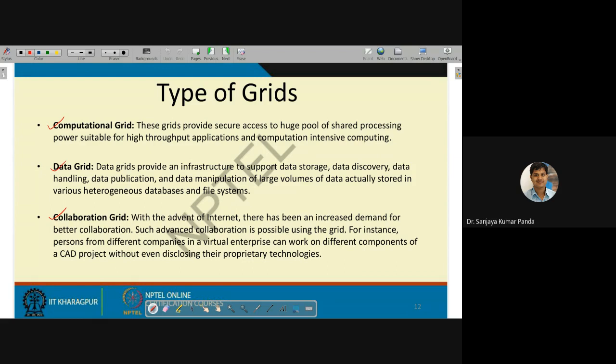If two or more organizations decide to share a large volume of data or a large amount of computational power, then they can build a collaboration grid. In future, when resource scarcity happens, many researchers suggest that the future of cloud computing relies on integration or collaboration between multiple cloud service providers.